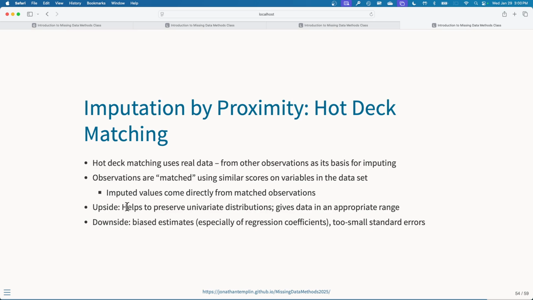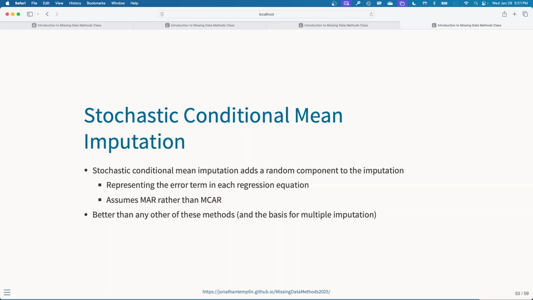Its upside is that it helps preserve univariate distributions because you're drawing data from the same distribution of like weight in that example. And it also gives you data in appropriate range, right? You can think of what happens if I'm telling you that stochastic conditional mean imputation is the basis for MICE, for chained equations. You can envision, depending on your model and your data, you might impute data that's out of range altogether, right? Depending on how you built the model for it.